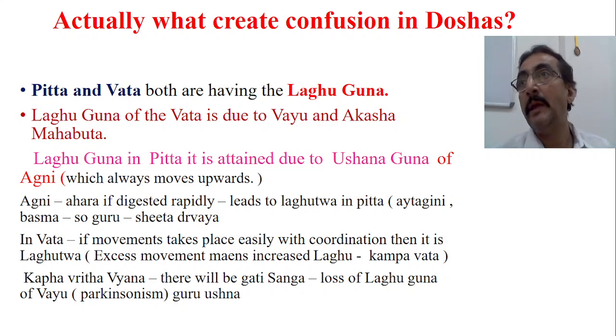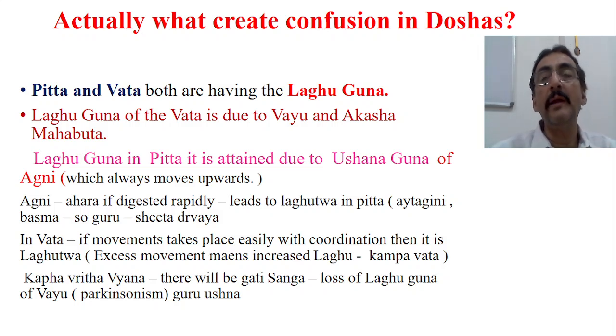So Kampavata and Parkinsonism are the two examples where we can explain Laghu guna in excess and Laghu guna in less. Increase in Laghu guna leads to tremors, resting tremors, intentional tremors etc. Decrease in Laghu guna leads to decrease in movement, as seen in Parkinsonism, in Kapha Avruta Vyana where we find Gati Sanga.